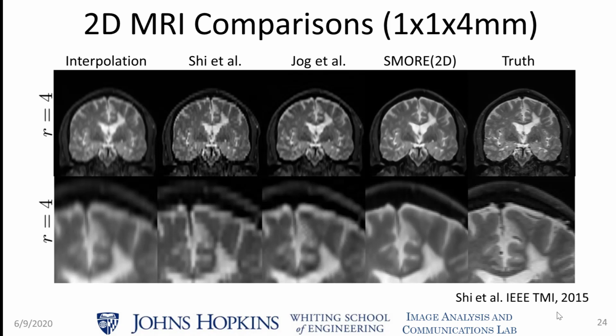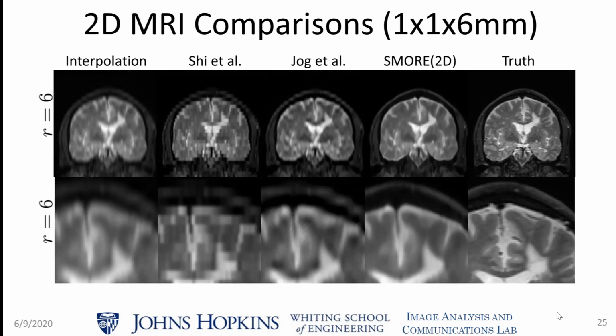So you can see that there's aliasing that's still left in the two results in the second and third columns, and one of the reasons for that is these methods were not designed to handle aliasing, but were really only designed to do super resolution. An even more dramatic example is when R is equal to 6, and you can see the effect of super resolution without incorporating anti-aliasing leaves much to be desired.